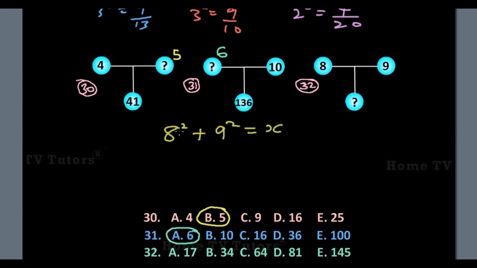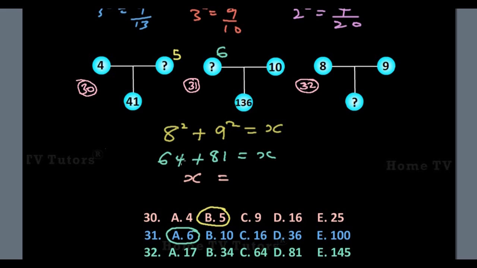So 8 square, that is 8 times 8, gives us 64. Then 9 times 9 gives us 81. So we can interchange. We bring x to the other side. It's not like we're carrying x, we just rewrite it.